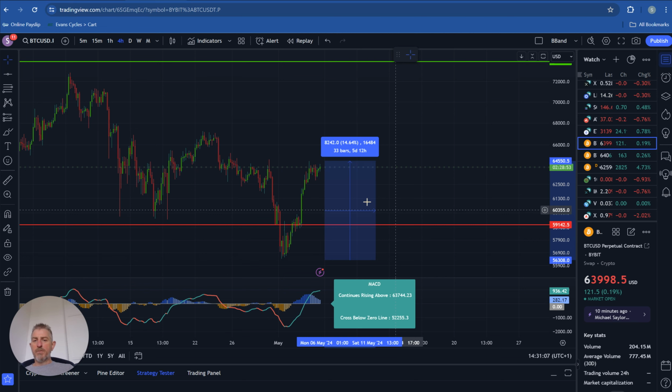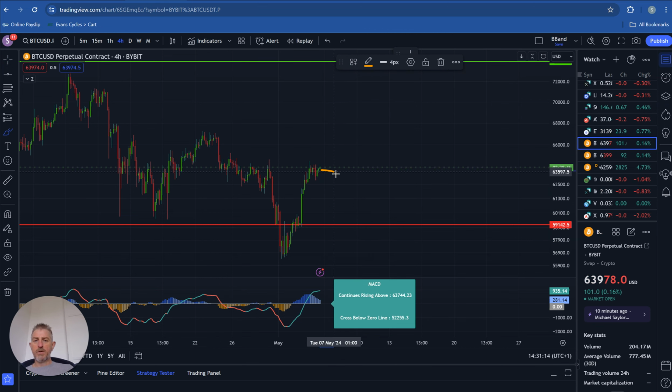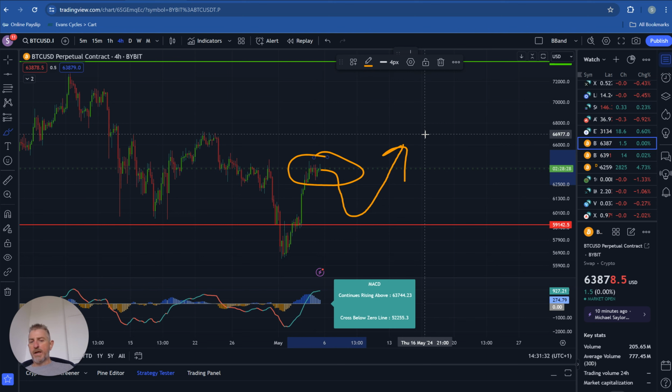And I think, if Bitcoin did do something like this, because it's supposed to be a short video, it's nearly 6 minutes already, if it did turn down, a bounce from the 60,000 area would look good. And then if it was able to move back above this area, that's a change in character. That's now an uptrend, and you'd expect way more price action to the upside at that point.